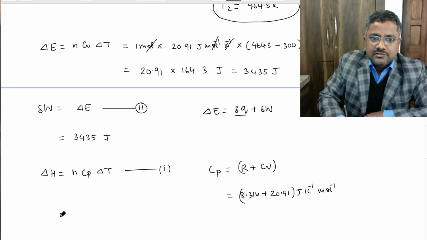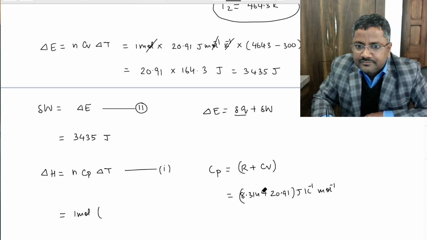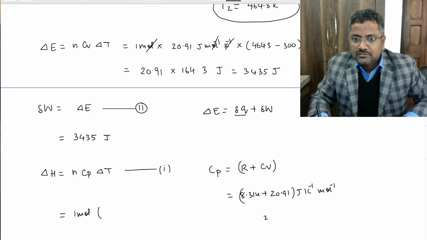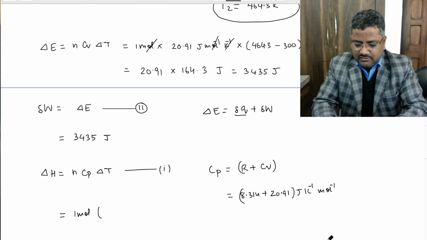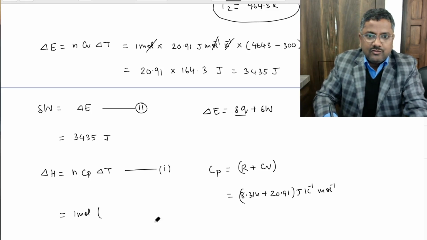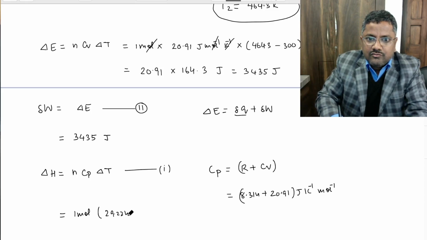So this is equal to 1 mole times 29.224 joules per mole per degree Kelvin multiplied by 164.3 Kelvin.